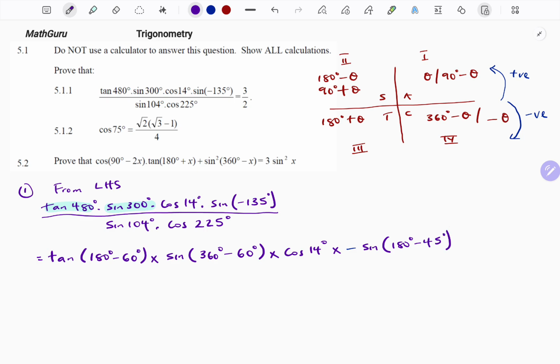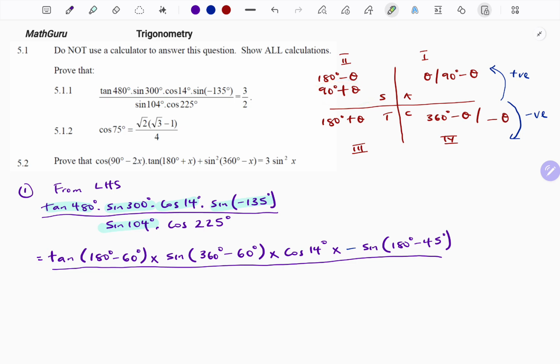So I'm done with cos 14 and sine of the negative angle. That's divided by. Then for my denominator, I start with the sine of 104 degrees. Now note that I can reduce 104 in two ways. That falls in the second quadrant. I can either use the 180 minus theta or the 90 plus theta.